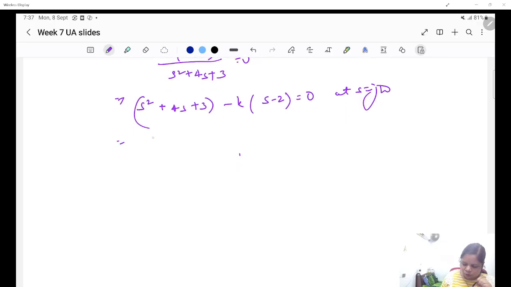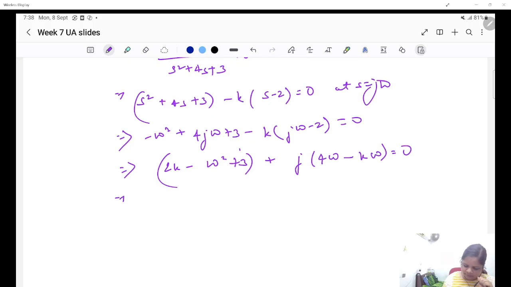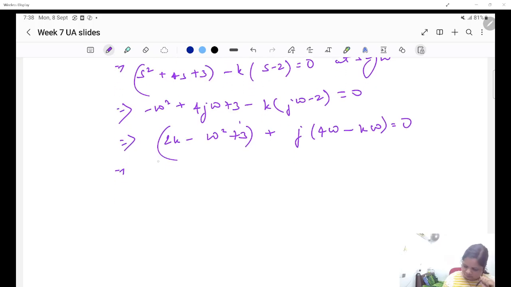So it's going to be minus omega square plus 4j omega plus 3 minus K j omega plus 2K equal to 0. If we separate the real and imaginary parts, we get 2K minus omega square plus 3, plus j(4 omega minus K omega), equal to 0. This is a function of both K and omega, so we will not touch that first. From the imaginary part we find omega and then substitute.